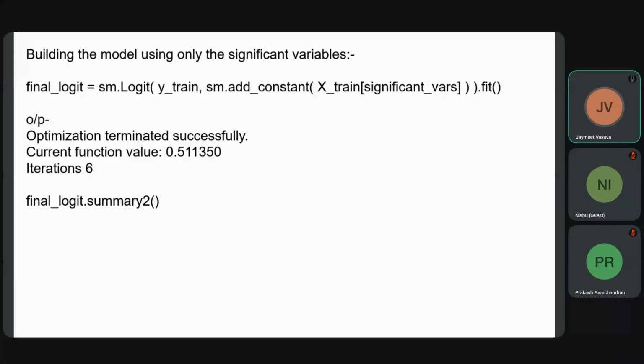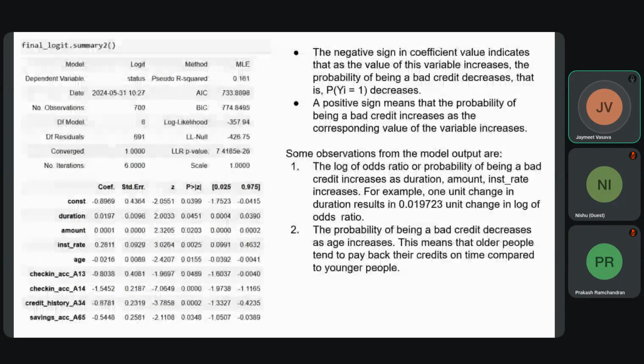The output we get for this is 0.051 as the current function value, and the number of iterations was 6. When we finally print the summary of the final logit, which is the new model that we have created, this is the summary that we get.